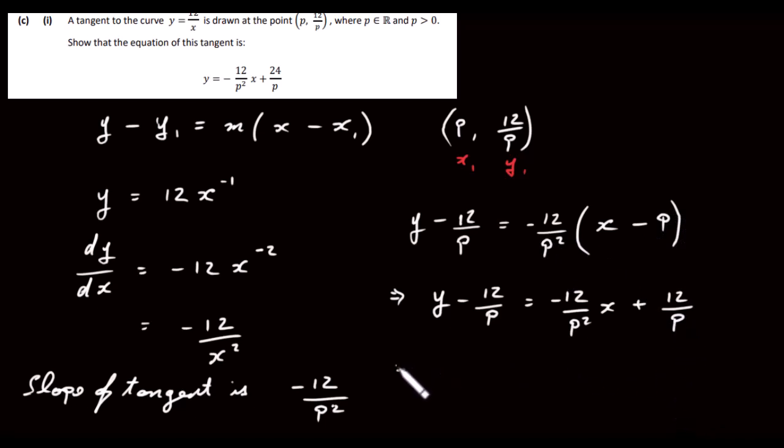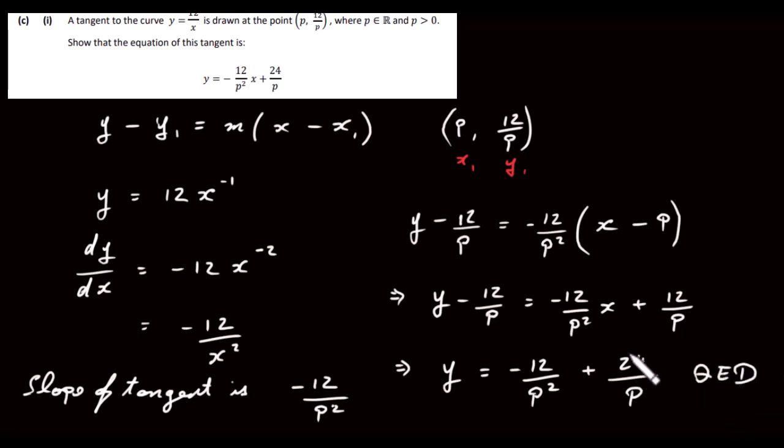So we've got to get the y on its own then, so y is equal to minus 12 over p squared x first. Now we've got to add 12 over p. So we've got a 12 over p plus another 12 over p, so that's plus 24 over p, and that's it there. That's it done.